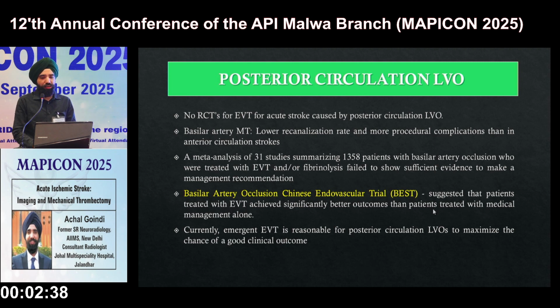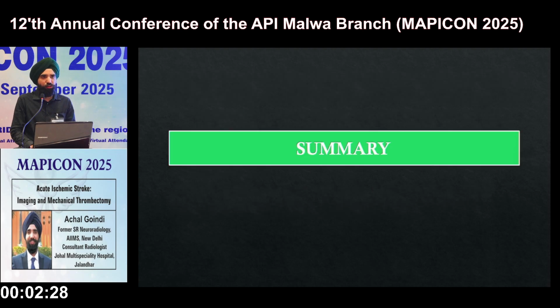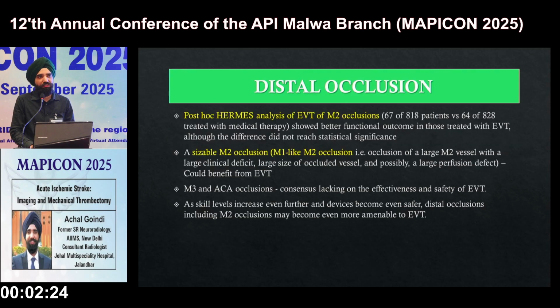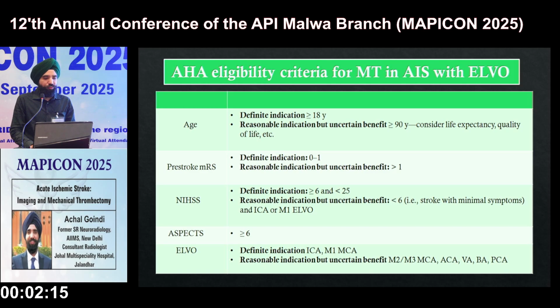The BEST trial has happened, but again a lot of trial work is still going on. And same is the case for distal vessel or small vessel occlusion. The main problem with distal occlusion is that it is difficult to access these smaller vessels and to retrieve the clot from them.